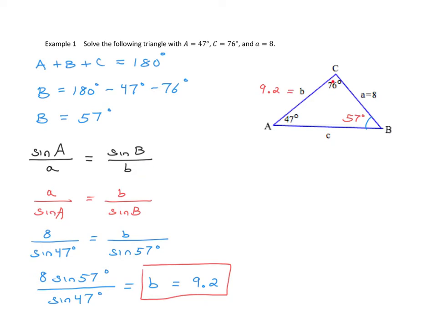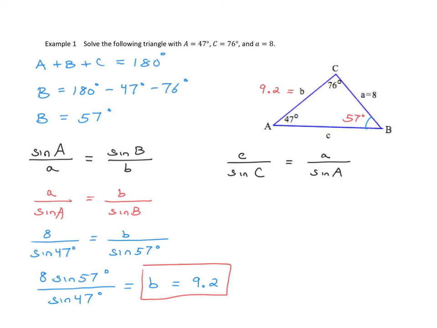So I have to use sine of C and C. Second of all, I'm going to put the C in the numerator just to make it a little bit easier to solve for C. So I'll use the following: C over sine of C is equal to A over sine of A. You only have to use two of the different parts, but in this formula, I know angle C, side A, and angle A, and the only thing I don't know is C. Let's plug everything in and see what we get.